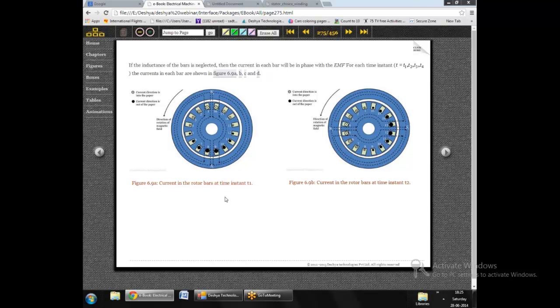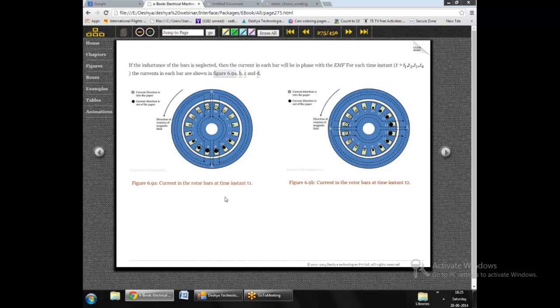Now, due to the induced EMF, the currents start to flow in the bars. So we can see the sequence here. The rotating magnetic field of the stator results in flux linkage which changes with time in the rotor bars. This changing flux linkage in turn induces EMF in the rotor bars, and due to this EMF we have currents in each and every bar.